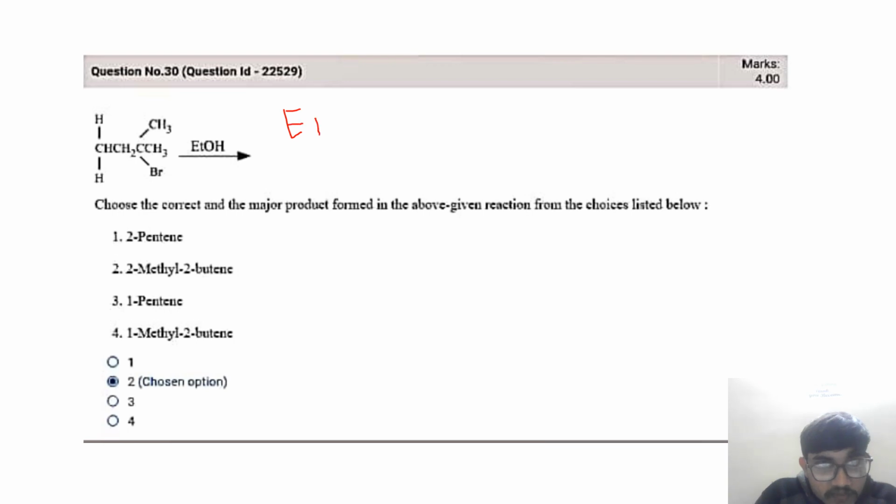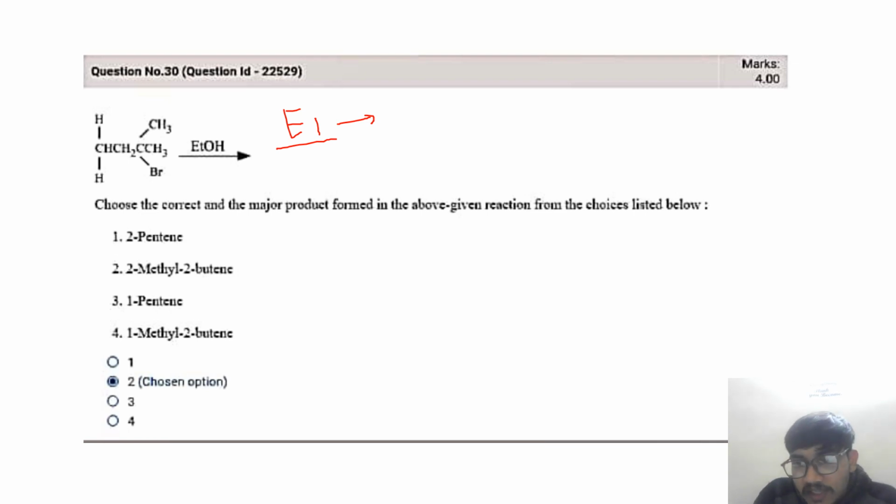It is a simple elimination reaction, which I have already taught you, along with the E1, E2, SN1, SN2 reactions. So this is the application part which was asked in GPAT 2023.